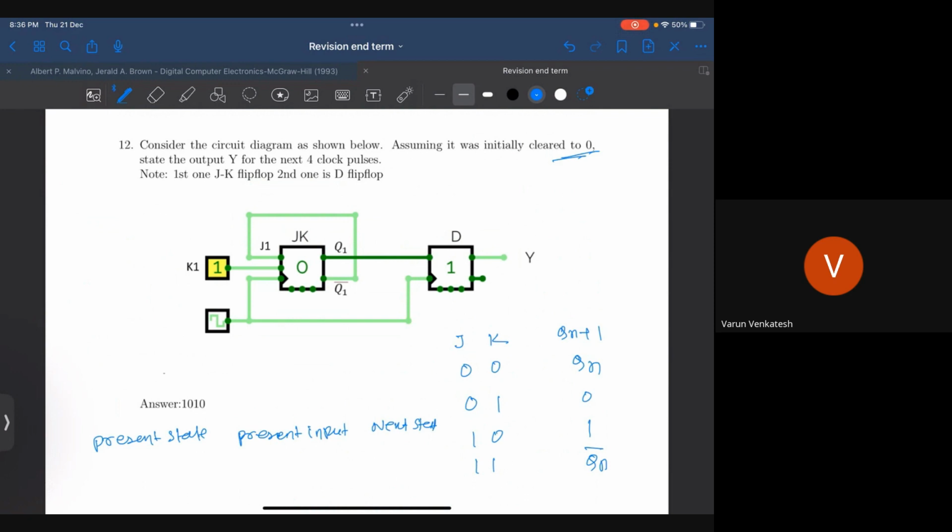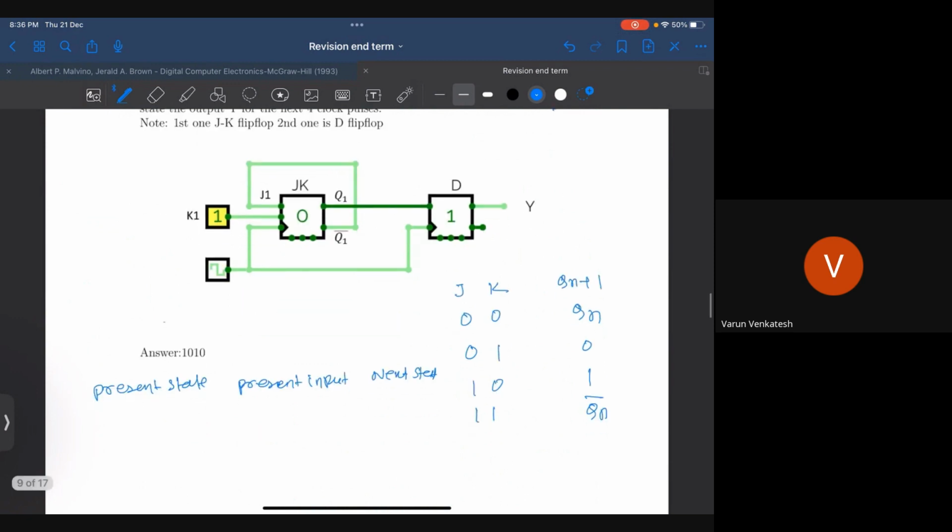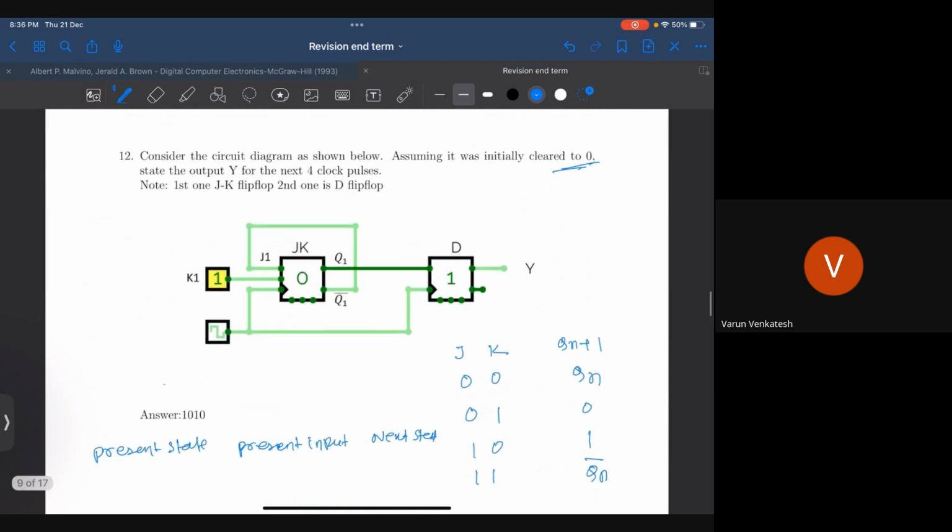Sometimes the screenshot may show a different value. So when the question mentions that it was initially cleared to 0, the flip flop is currently outputting the value 0, correct? Correct. So if something is mentioned in the question, we take that over whatever is in the screenshot. If nothing is mentioned, then we assume the values in the screenshot itself, right? Yeah, correct.